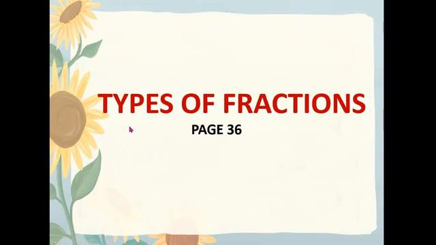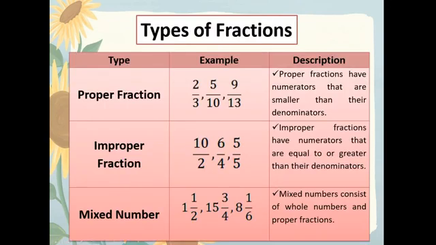Now, let's study types of fractions. Open your book, page 36. There are 3 types of fractions. Number 1 is proper fraction. The proper fraction have numerators that are smaller than their denominators.